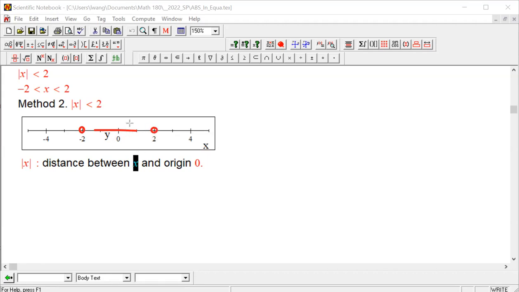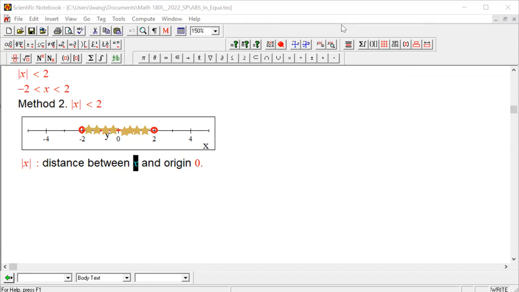Then you realize that all of these numbers, whose distance between the number and origin is less than 2, all of these numbers between -2 and 2 are solutions.